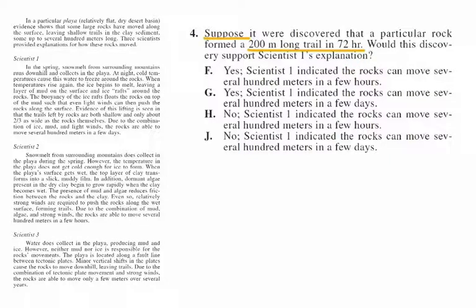So that is consistent with scientist 1. So yes, he indicated they can move several hundred meters in a few days. A few hours would have been the wrong choice. That's scientist 2. Sometimes you're just looking for which answer tells the truth about what is stated. So your answer is G.